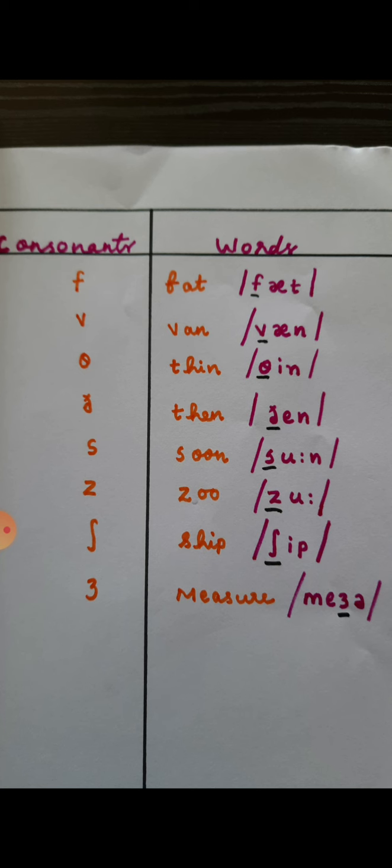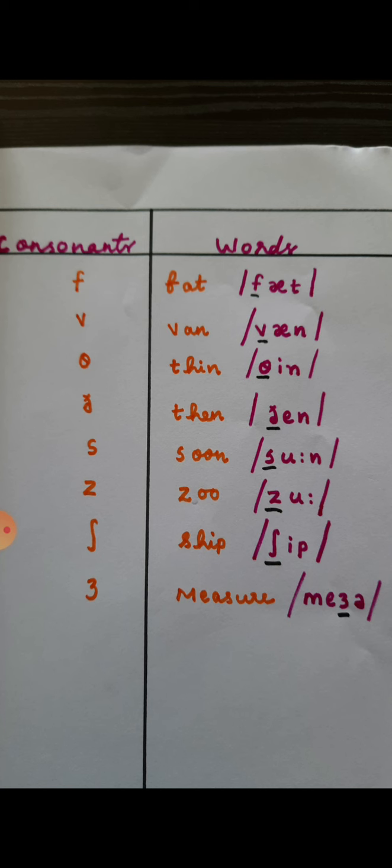Another example is "pleasure." How are we pronouncing that? നമ്മൾ pleasure എന്നാണ് പറയുക. But actually, what's the pronunciation? P plus L plus A plus j plus A. Clear?